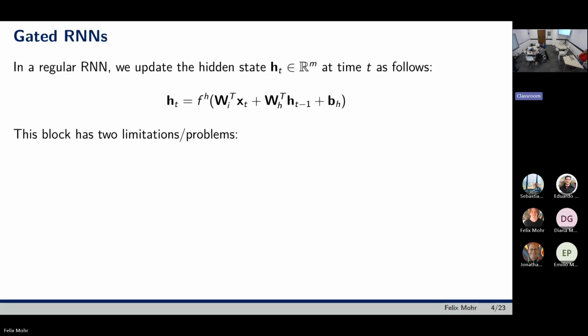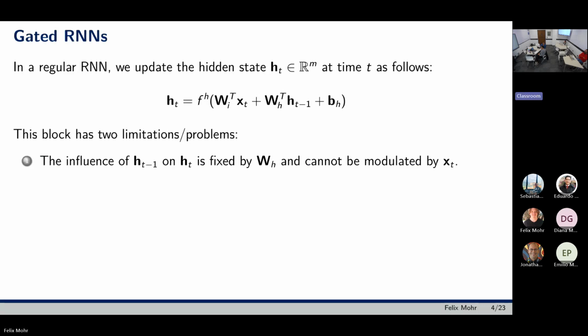The current input influences the next state, but it does not really influence how I immediately incorporate this knowledge here. So this is one limitation. Depending on what I currently see, I should put more or less emphasis on some parts of this, and I cannot really do this effectively in this sum representation. So this is one problem, and the other is the vanishing gradient problem.